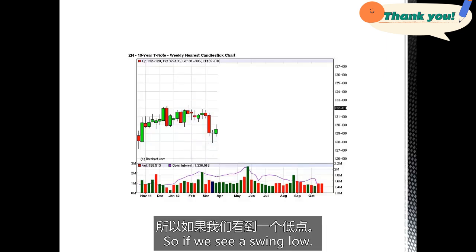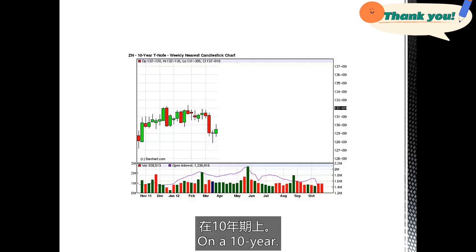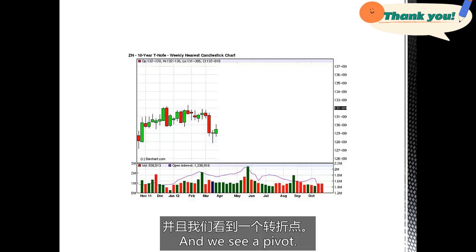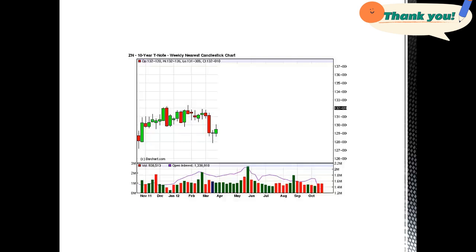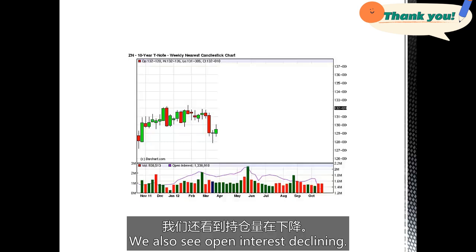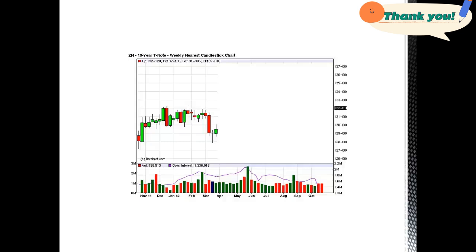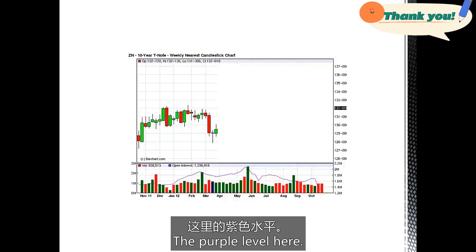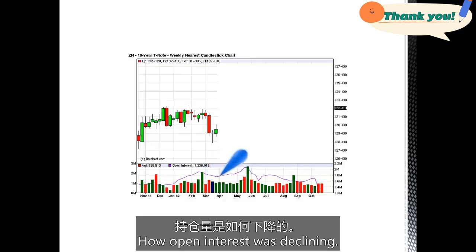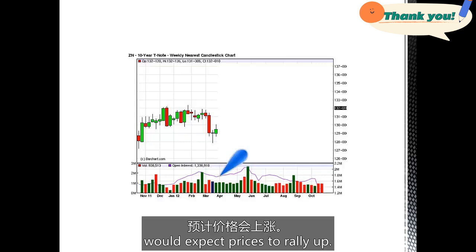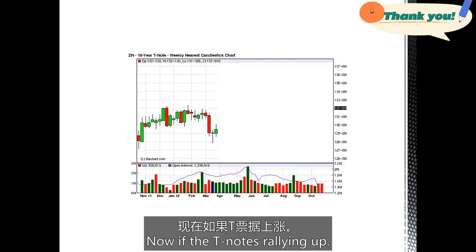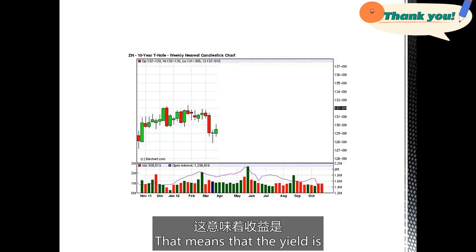Okay, so if we see a swing low on a weekly chart on a 10-year, and we see a pivot or swing low form at a big figure like this, 128, we also see open interest declining. You can see at the bottom here the purple level, how open interest was declining. We would expect prices to rally up. Now, if the T-note's rallying up, that means that the yield is going to be dropping.